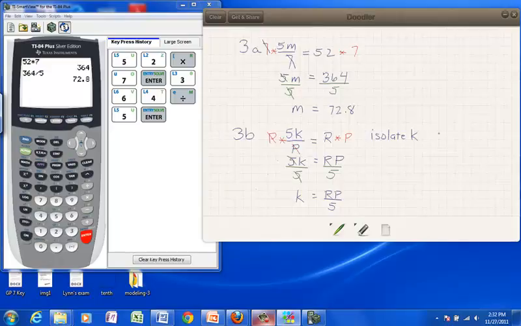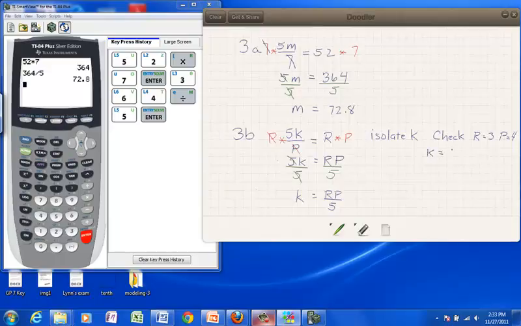All right, let's do a check. When we check this problem, we want to pick numbers for r and p, all the letters that are on this side of the equation. So I'm going to let r equal 3 and p equal 4. Remember not to pick 0, 1, or 2. Several students are trying to use a 2, and you will lose points on that.